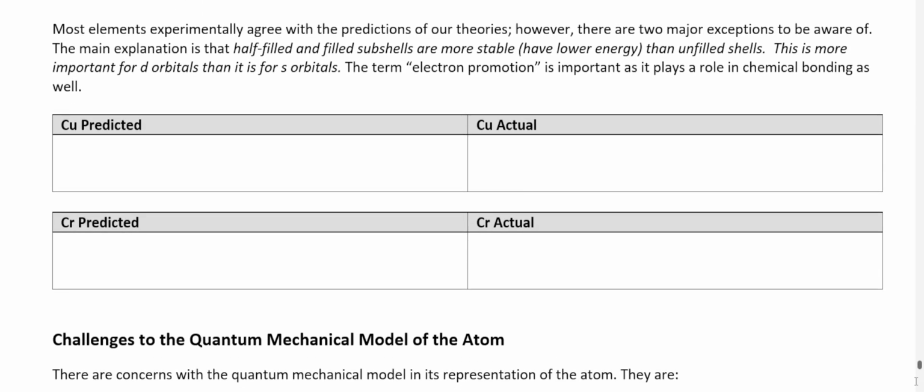Anomalous configurations. Most elements experimentally agree with the predictions of our theories. However, there are two major exceptions to be aware of. The main explanation is that half-filled and filled subshells are more stable and have lower energy than unfilled shells. So that's what we're reading right here.